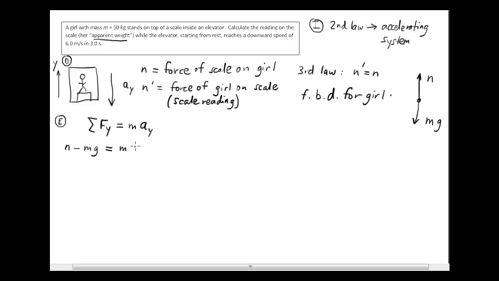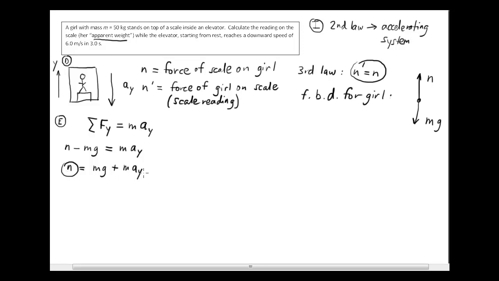So that's equal to m a sub y. And then N is mg plus m a sub y. And the reason this gives me my answer is because I know that N and N prime have the same magnitude. So if I can evaluate the right-hand side, that will give me the scale reading.